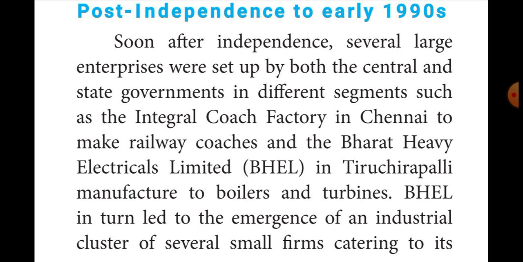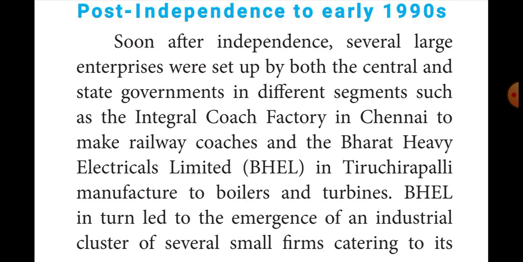For example, one of the important enterprises is the Integral Coach Factory. In which place was it set up, students? Very good. It was set up in Chennai. From this industry, what do they manufacture? Very good.